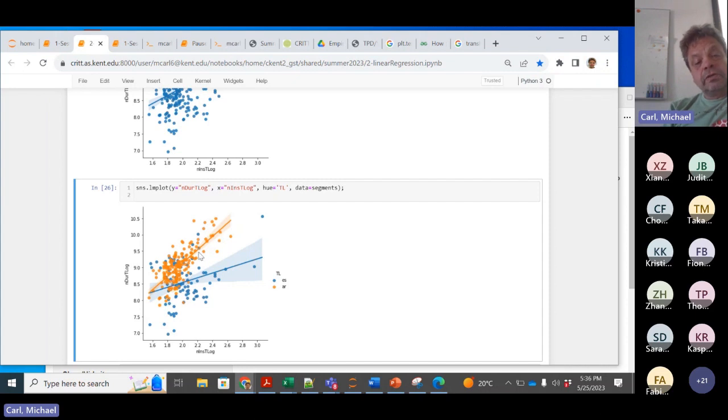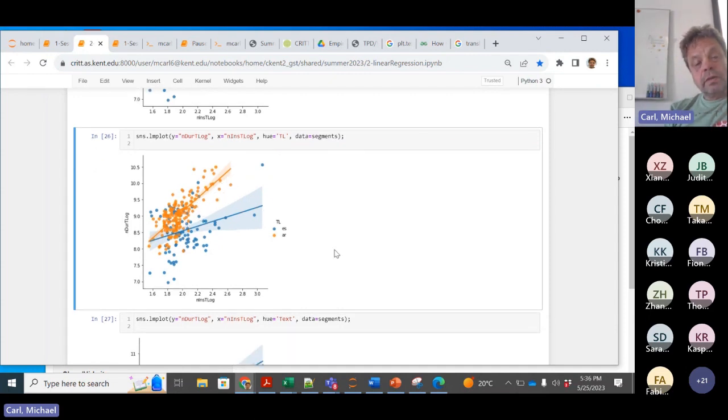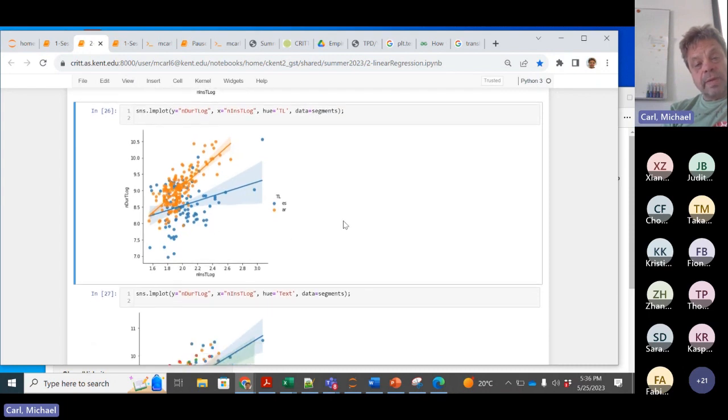But here the slope is different. So there seems to be quite a different kind of process, or it's an indicator that it's much more difficult for an Arabic translator to produce longer sentences than for Spanish ones.